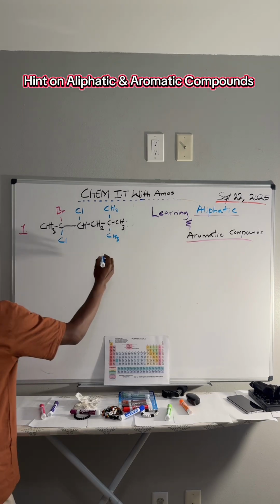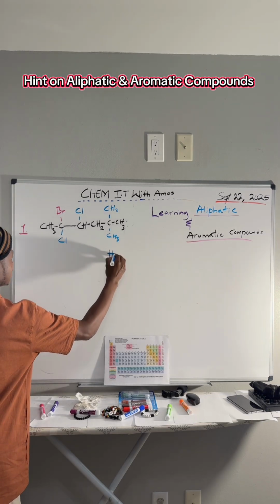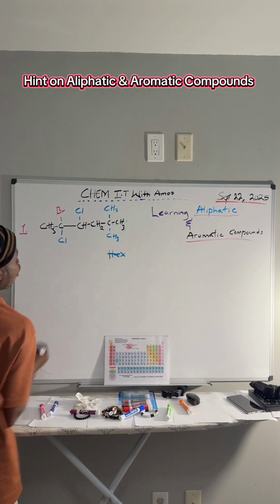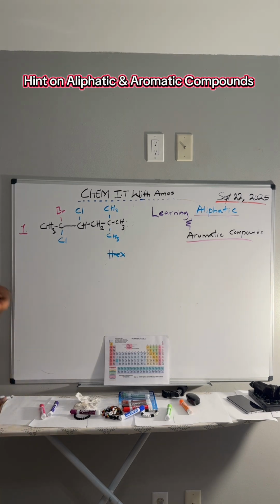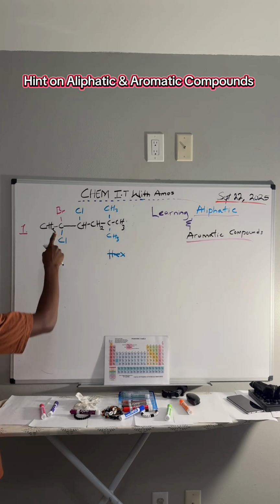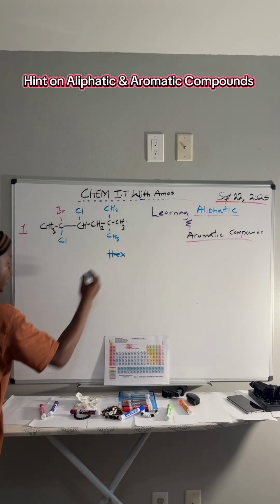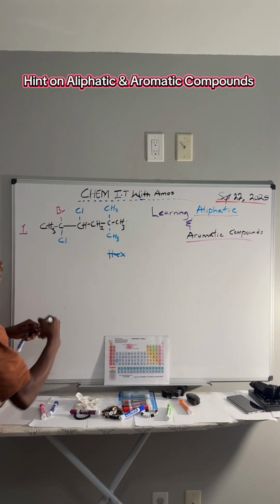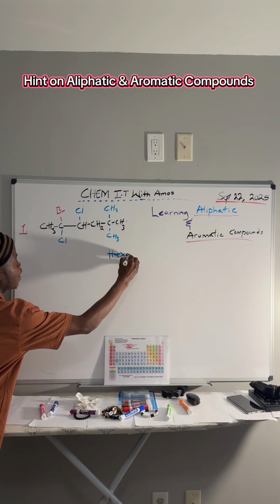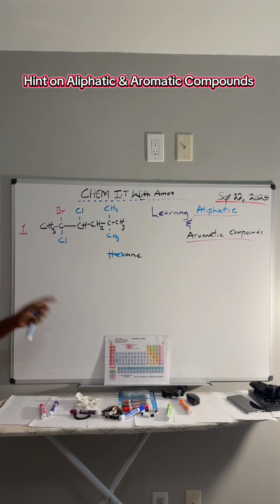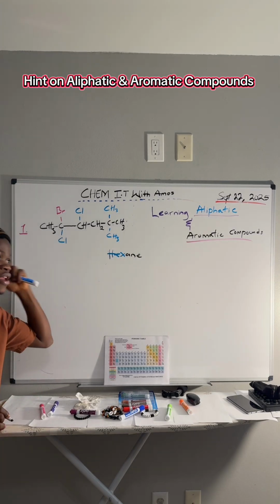So the parent name now will be hex, H-E-X, hex, because it is our prefix. So right here now to write the suffix, as you can see, since it contains single bonds between them, we can write A-N-E. So this becomes the parent name right here, hexane.